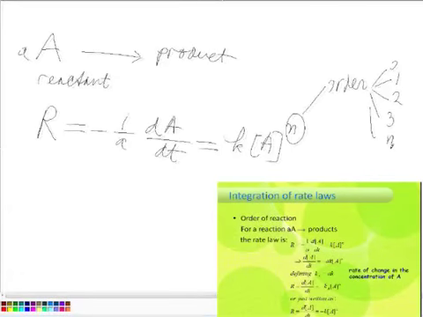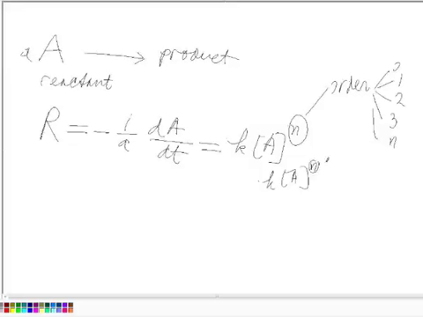For a simple reaction, for example A becoming a product, it's just easy. Let's say that is a first order reaction, so n is 1, and the rate is k[A]^1.